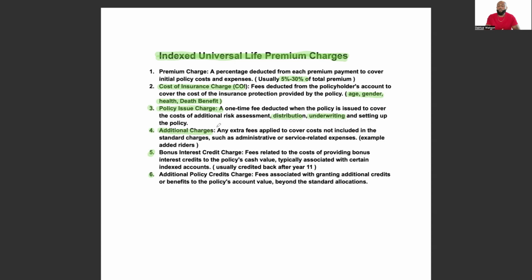And then you have what's called additional charges. Let's say you want to add a rider, let's say you have a child, which by the way, I wouldn't recommend. I would actually recommend getting your child a child IUL policy. I'll cover that on a different video. But for this example, let's say you add a child rider on there, or you add any kind of rider, like an accidental rider, meaning that you're covered for accidents as well.